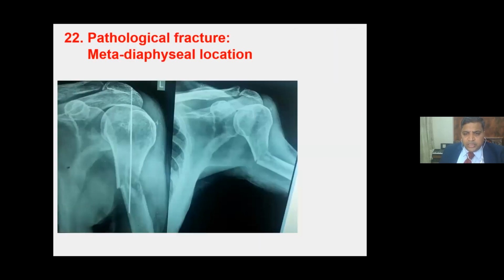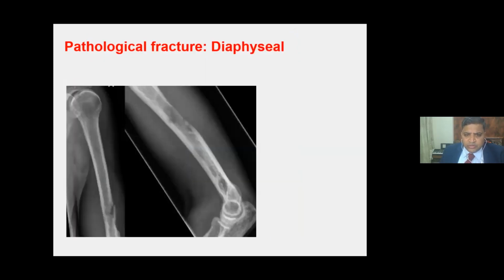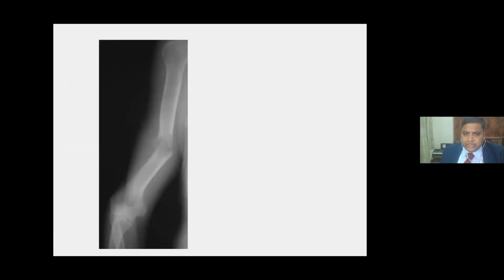Further ahead, we'll go with the pathological fractures. Depending on the pathological fracture location, like in this case scenario, it is a pathological fracture in the proximal humerus. I had gone for a Philos kind of plate fixation with good screw purchase proximally and distally. And if the location of the pathological fracture is near the diaphysis, obviously a good intramedullary splinting implant with a nail will be the best choice to tackle such a situation.